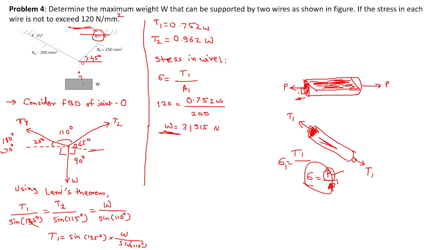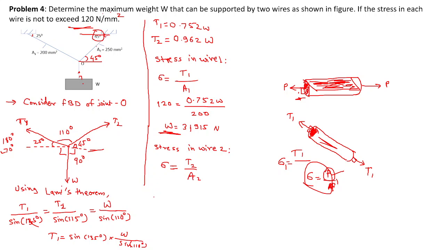They have told us the maximum possible weight. So we have to compare it by calculating stress in wire 2 also. Take the same formula for sigma. Sigma is always P upon A, right? It will never change. P is here T2 and A will be A2.